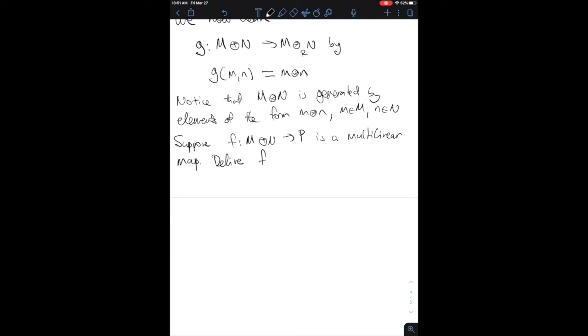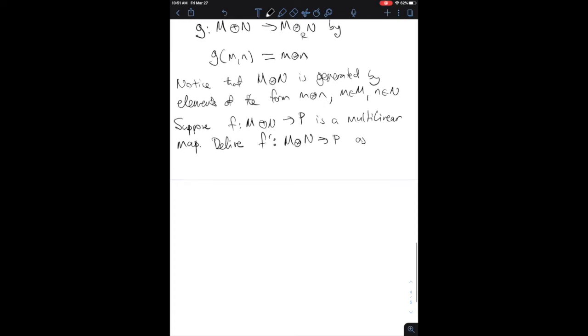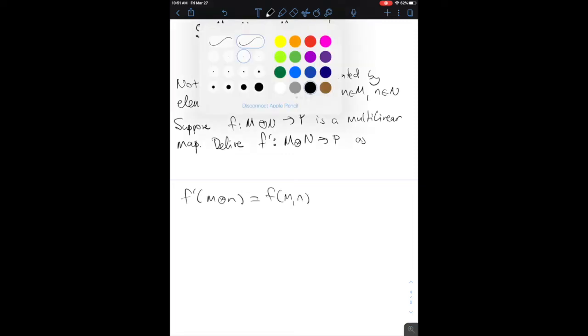Then we define f prime from M tensor N to P as just f prime of m tensor n equals f of (m, n).